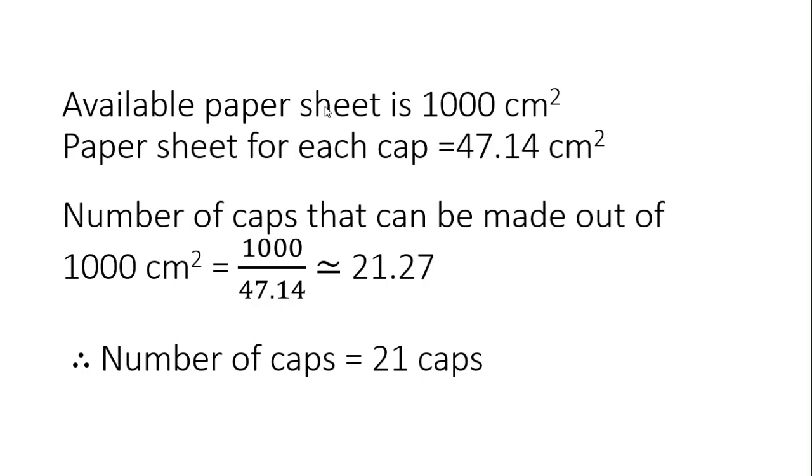So I am dividing 1000 by 47.14. It is approximately equal to 21.27. But when we round it off, we always take integer values, so the number of caps is equal to 21 caps.